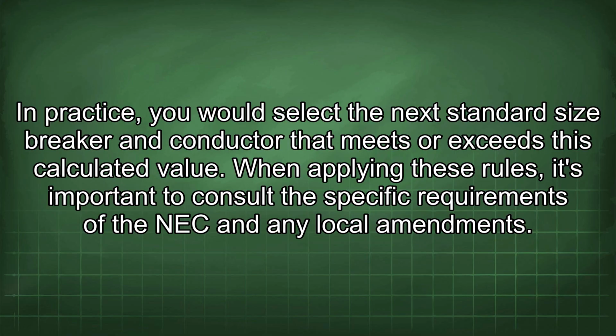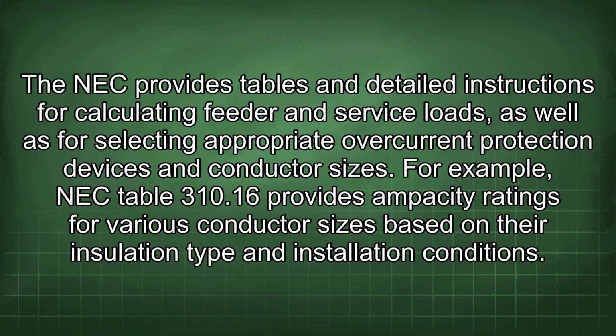When applying these rules, it's important to consult the specific requirements of the NEC and any local amendments. The NEC provides tables and detailed instructions for calculating feeder and service loads, as well as for selecting appropriate overcurrent protection devices and conductor sizes.